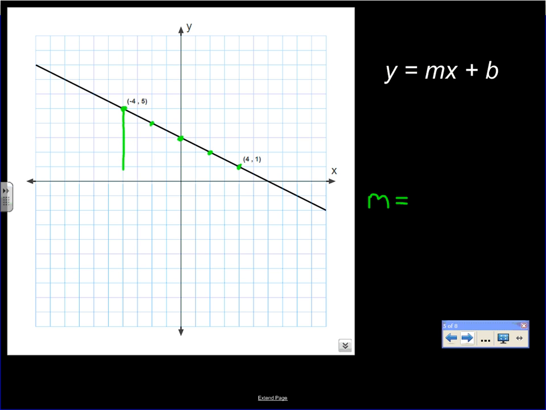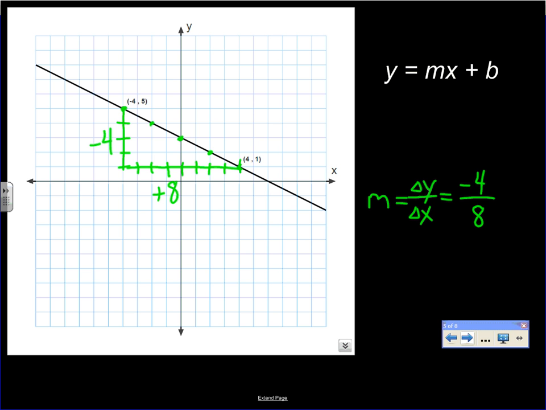So our change in y, on top is going to be 1, 2, 3, 4, and that went down, so that's a -4. Our change in x, 1, 2, 3, 4, 5, 6, 7, 8, and that went to the right, so that's a +8.